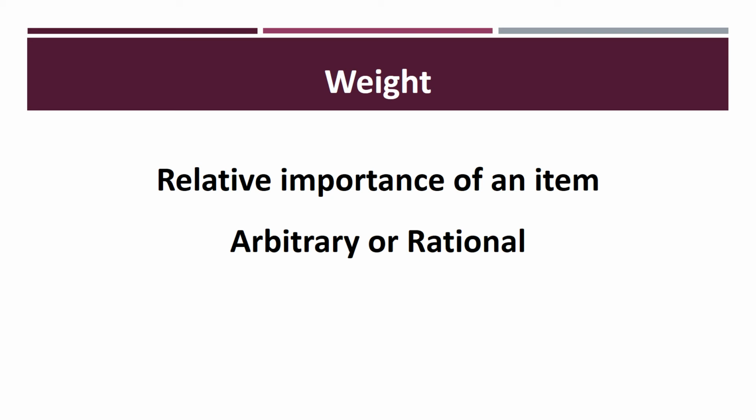And in the case of a rational weighting, some criteria have been fixed for assigning weights. The weights may be on the basis of the value or the quantity produced, consumed, or sold. When a quantity forms the basis, it is a quantity weighting. And in the case of a value based weighting, we can call it value weighting.